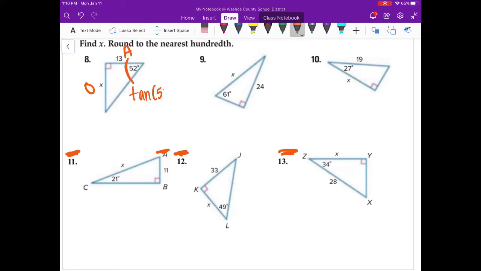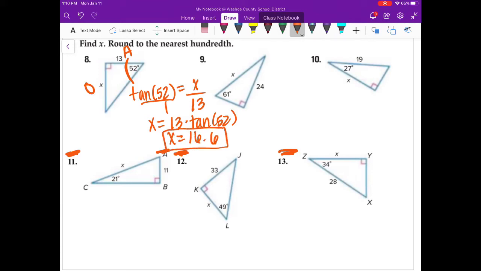That means we're using tangent of 52 equals opposite over adjacent. I'm going to cross multiply and then just enter this into my calculator. When I do that, I get x equals 6. Oh, it says to the nearest hundredth, so we're going to go 6.64, and that would be my answer.